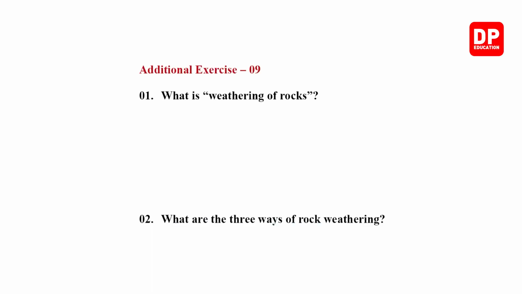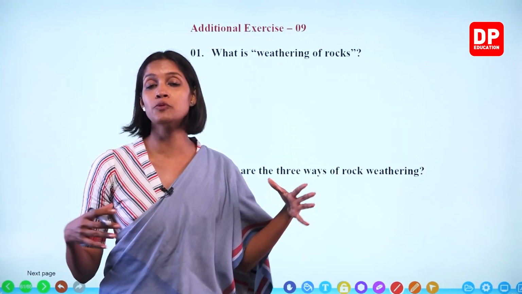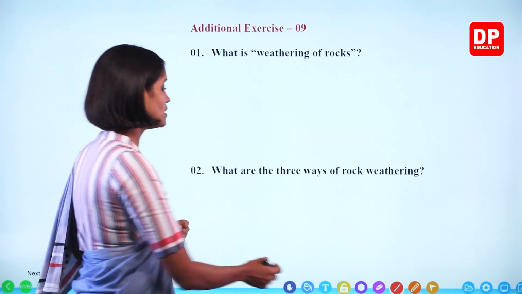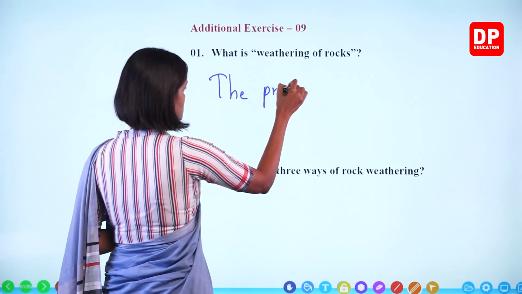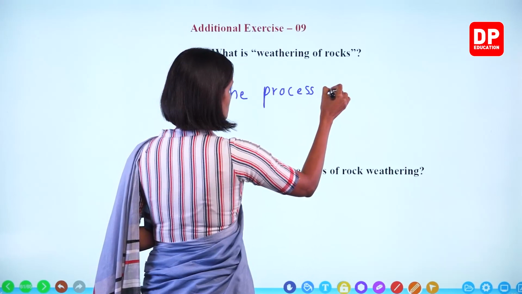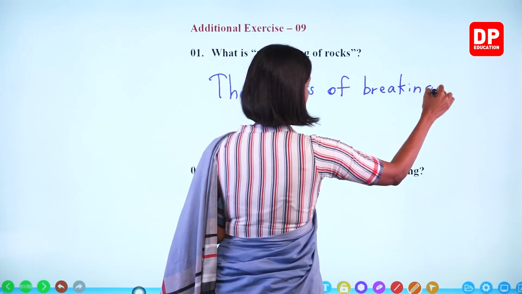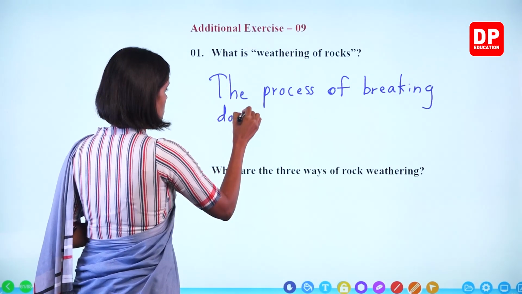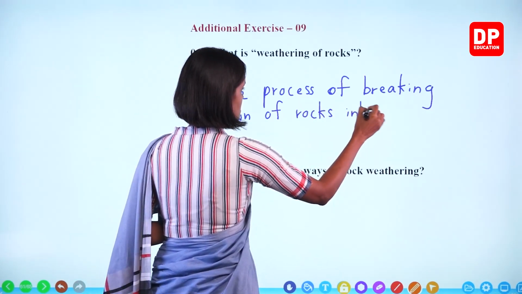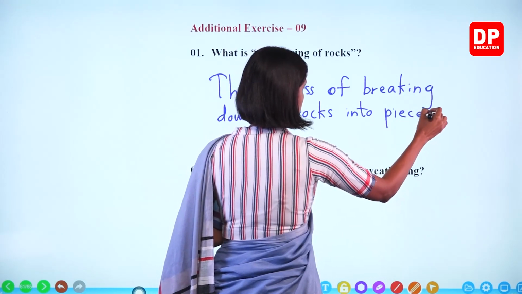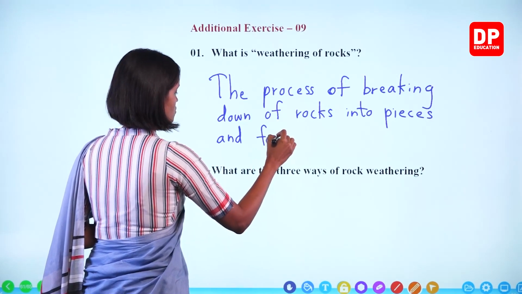What is weathering of rocks? Weathering of rocks means the breaking down of rocks and thereby formation of soil. The entire process comes under weathering of rocks. Okay, let's write the process of breaking down of rocks into pieces and formation of soil.